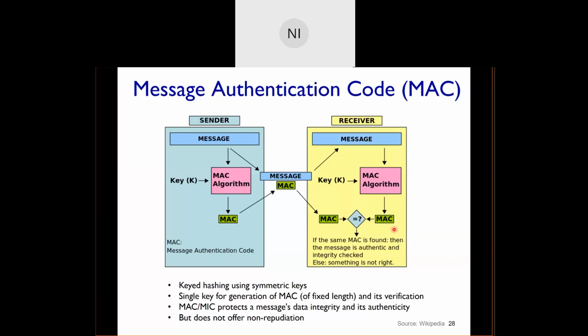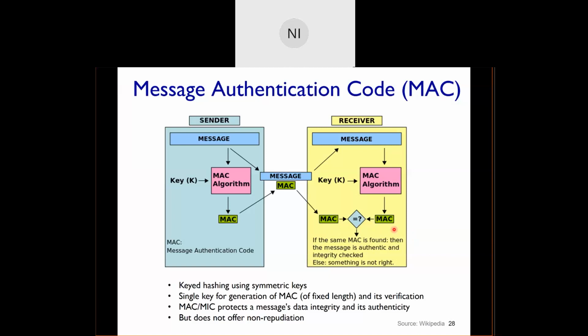So can somebody say how it is possible to have authenticity using the message authentication code? Like somebody, the man in the middle, doesn't know the key, so he can't generate the MAC. Yes. So here the assumption is only the sender and receiver have the secret key.